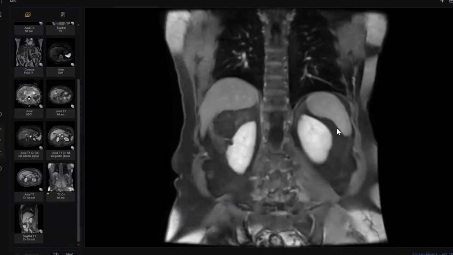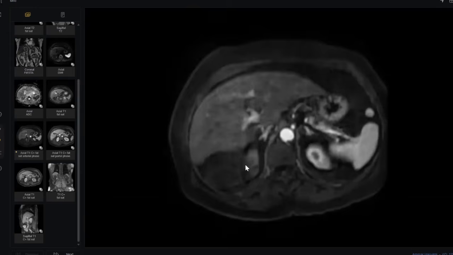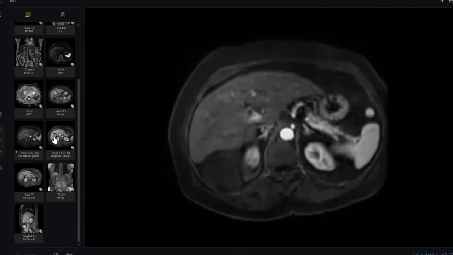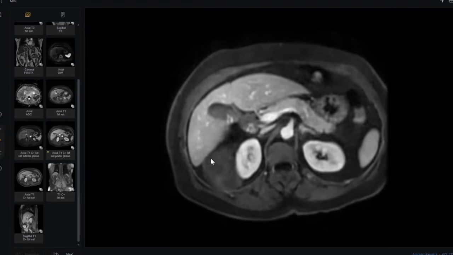So it is almost certainly exophytic AML. Next, the notch sign is very characteristic of AML. Third point, if you follow the contrast uptake, this is the arterial, and this is the portal.